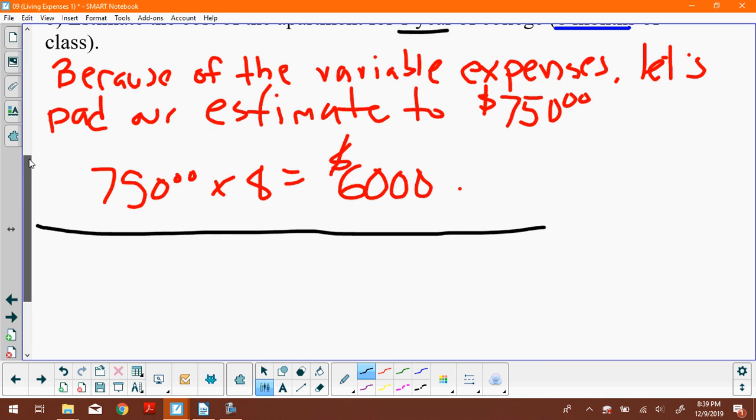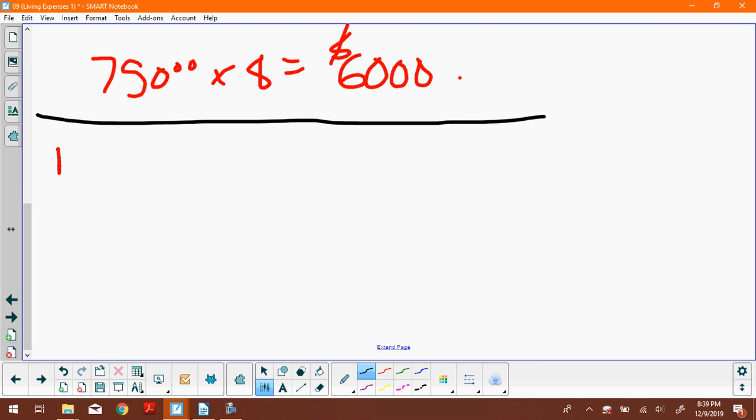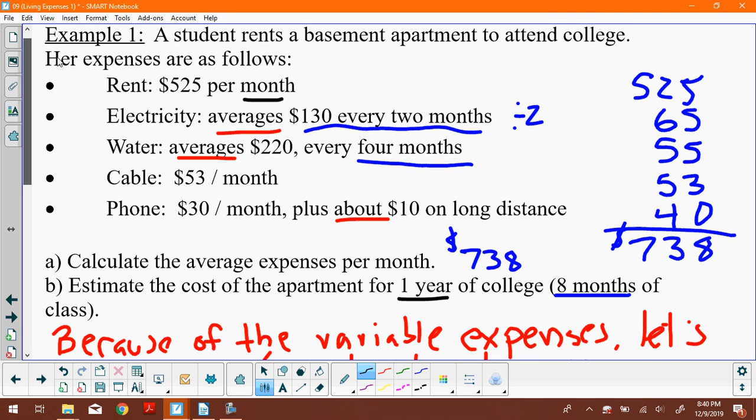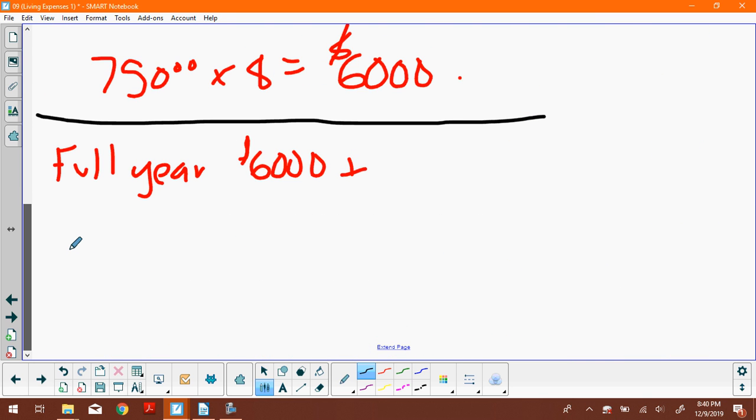So for the full year, all we have to do is take our $6,000 for when we were living there, plus, because you could potentially shut off those utilities, or they cost a lot less because they're not using them, we'll just add in the rent for our year estimate. So 4 times 525.